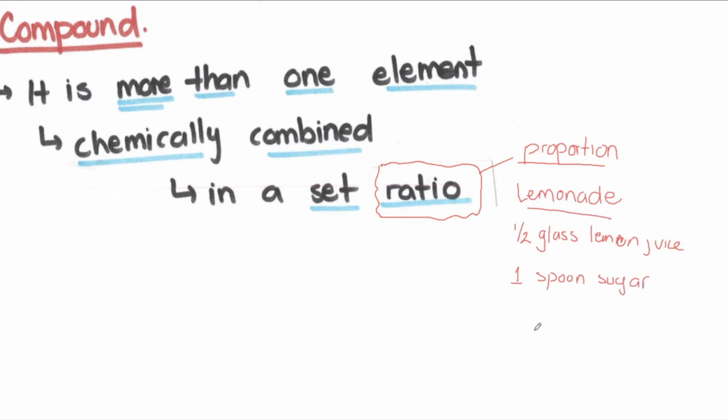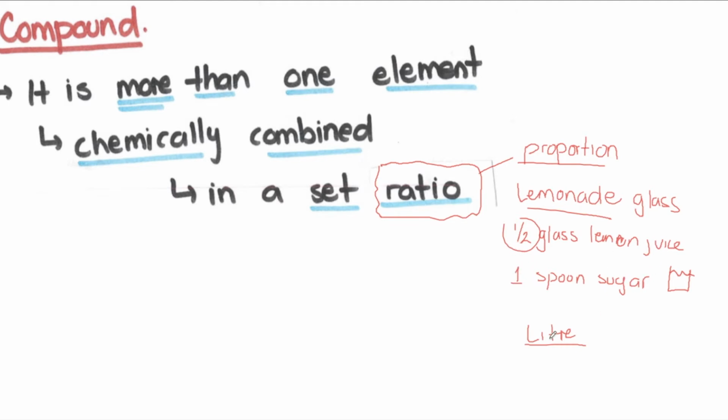If I'm going to make a whole liter of lemonade, then these proportions for only one little glass, I have to keep the same proportion. So I have to multiply whatever it is. I'm not going to do the whole maths, but I just wanted to explain it.